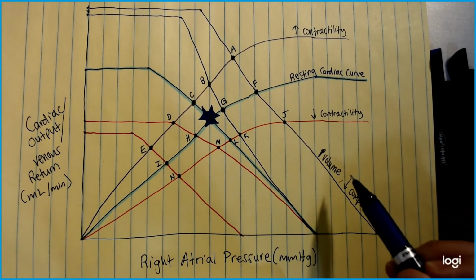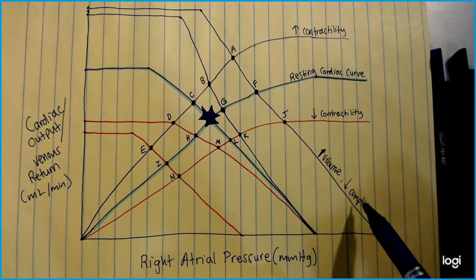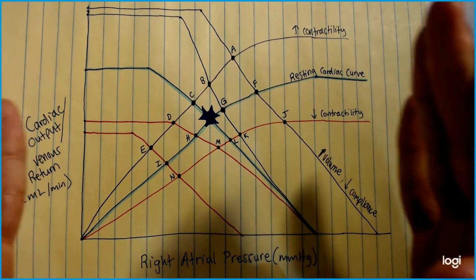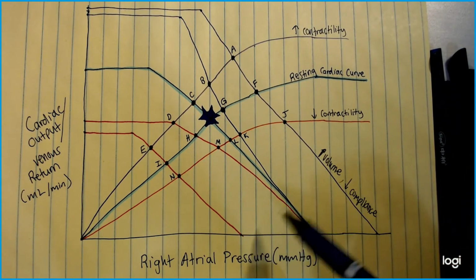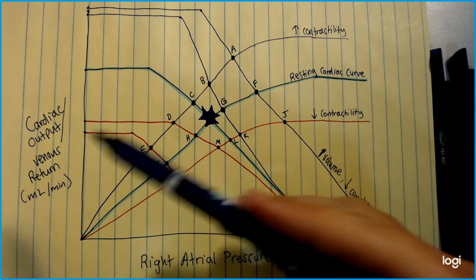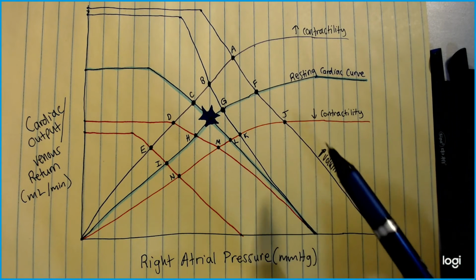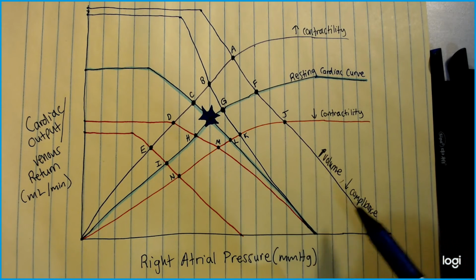Because right here we're talking about venous return. So if there's a decrease in compliance of the veins, then that means that blood is not being distended, it's being squeezed together, and the blood is being pushed to the heart, increasing venous return, increasing cardiac output. And so that's why it's also on this line. So that's what J and A and F correspond to.